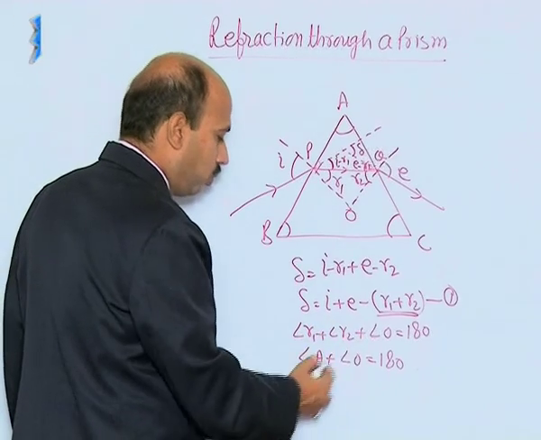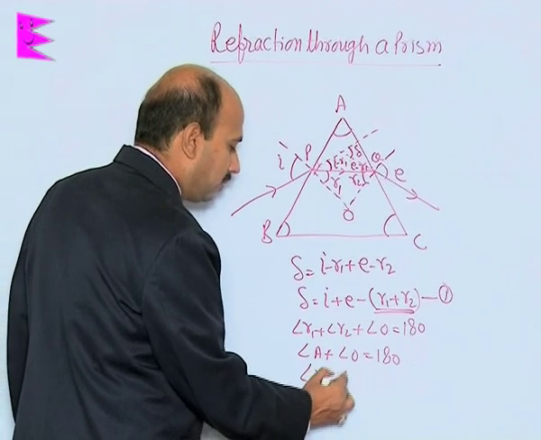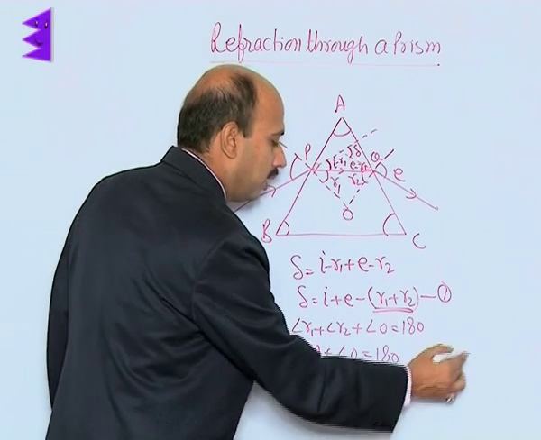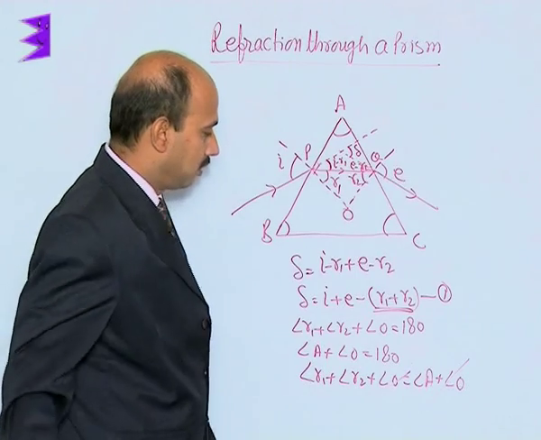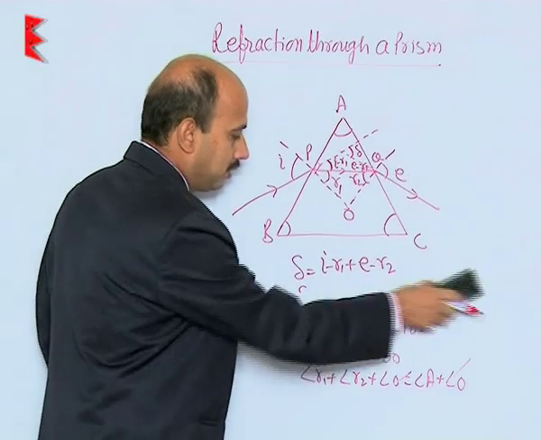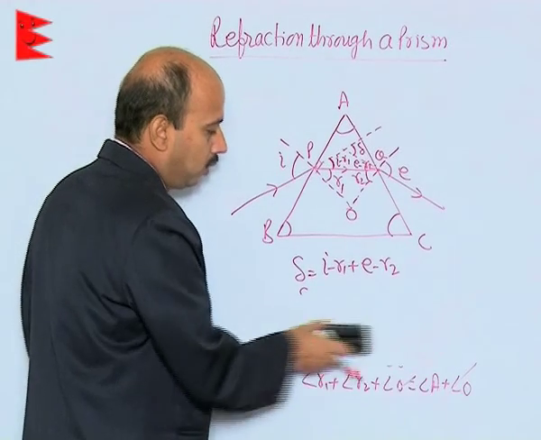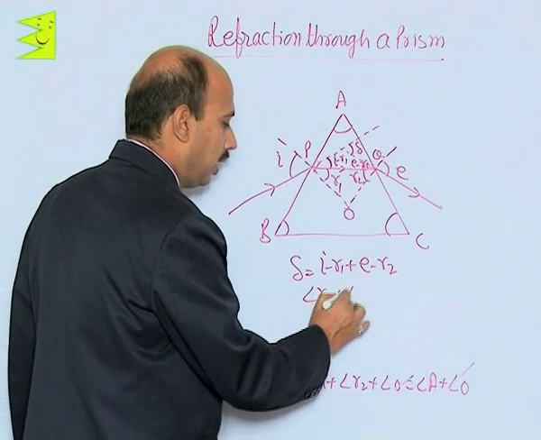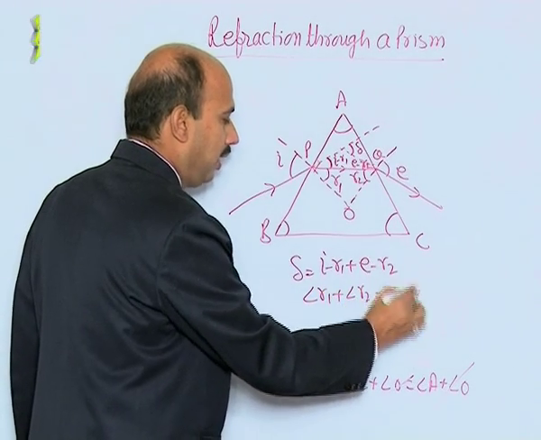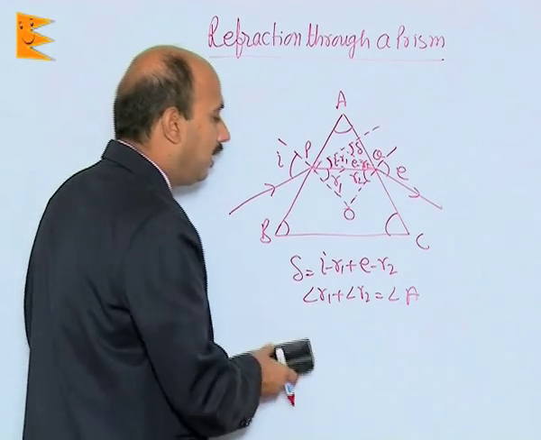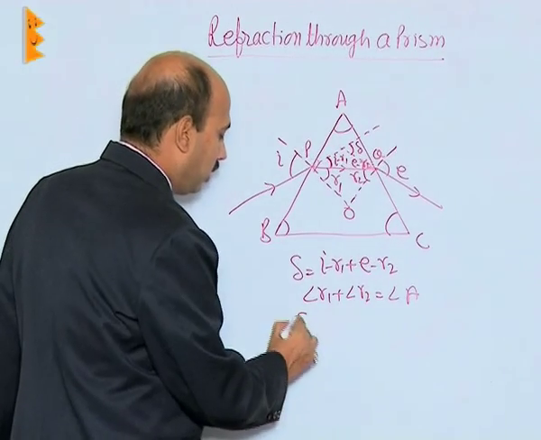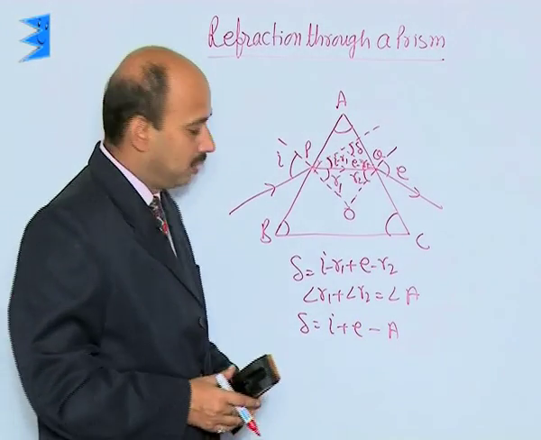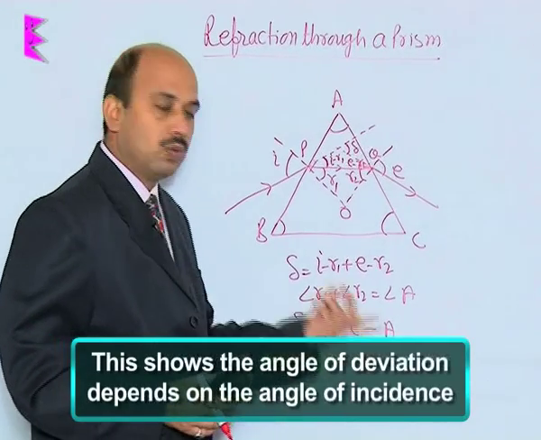We can equate these two, so angle R1 plus angle R2 plus angle O is equal to angle A plus angle O. Now angle O and angle O get cancelled on both sides, and we get angle R1 plus angle R2 is equal to angle A. Now in equation number 1, delta is equal to I plus E minus A, because R1 plus R2 is equal to A, as we have already shown.